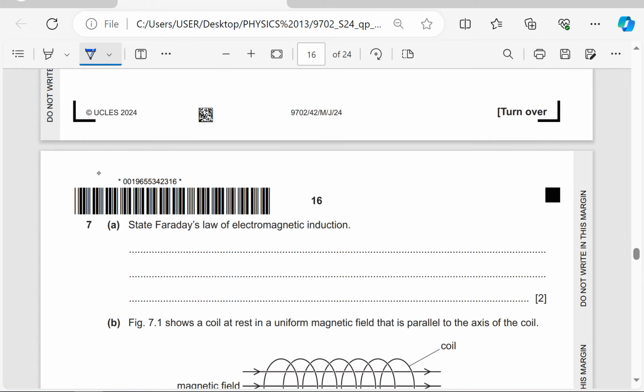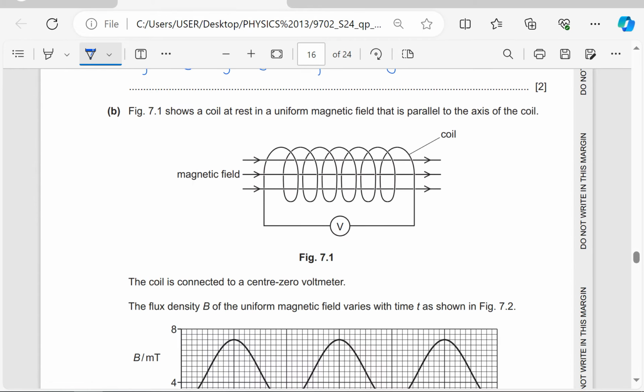So I'll simply say the magnitude of induced EMF is directly proportional to the rate of change of the magnetic flux linkage. That is Faraday's law.